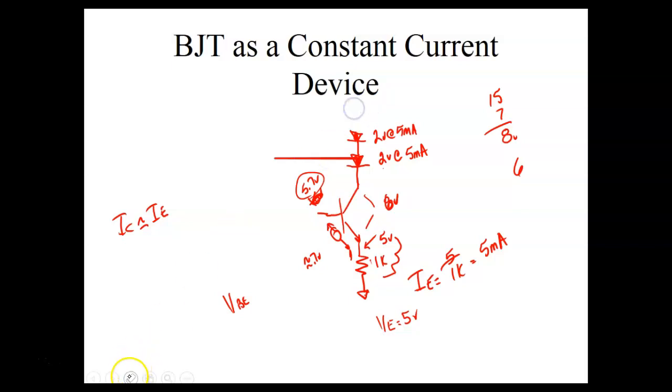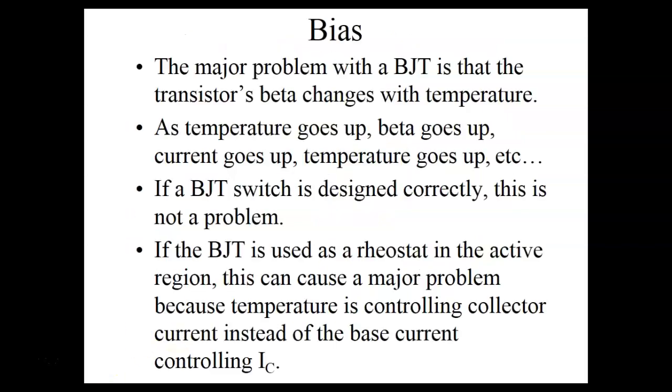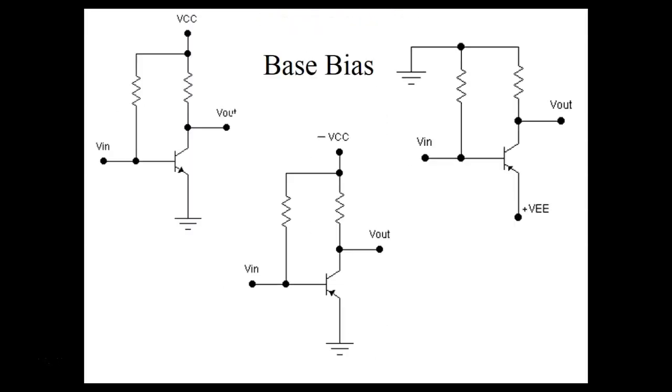So what we can do with a transistor is we can set the current flow with whatever current I need with the emitter resistor. Let me get back to where I was.